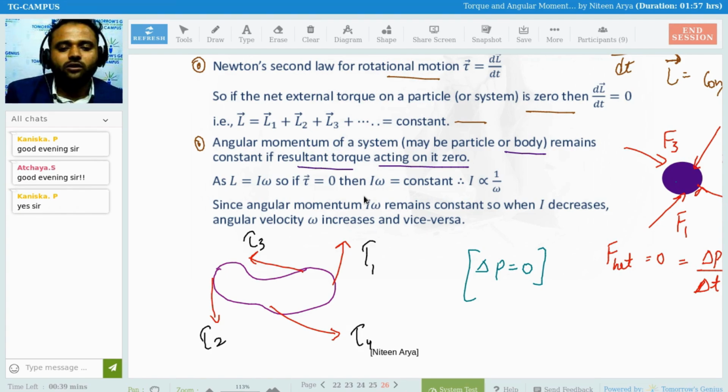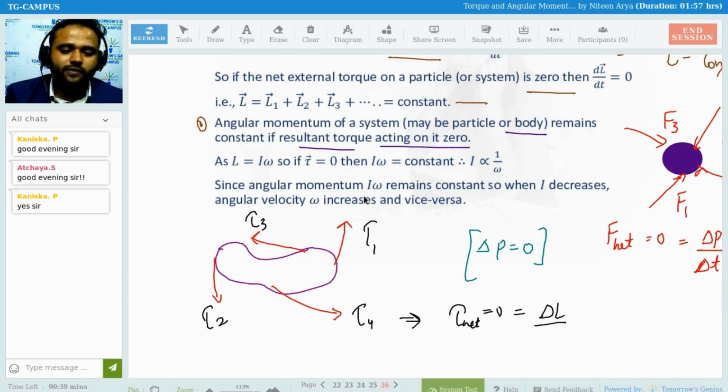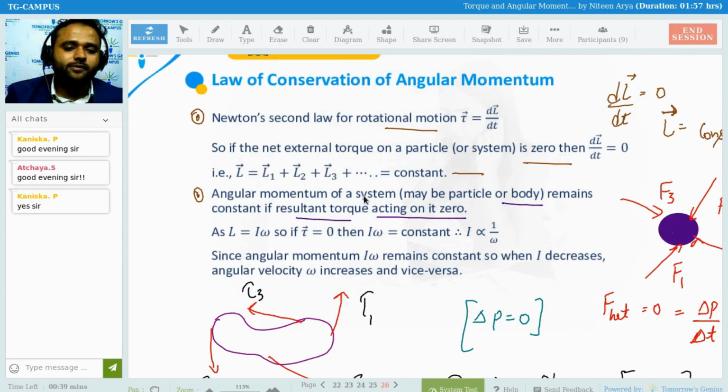Here also all the torques cancel each other, and the net torque is 0. Torque is the rate of change of angular momentum, so from this scenario also, change in angular momentum is 0. And this states that angular momentum is constant. Clear everyone? Clear this terminology?